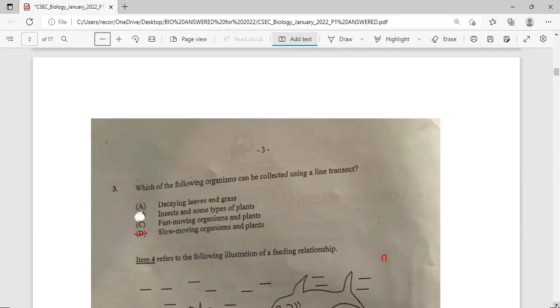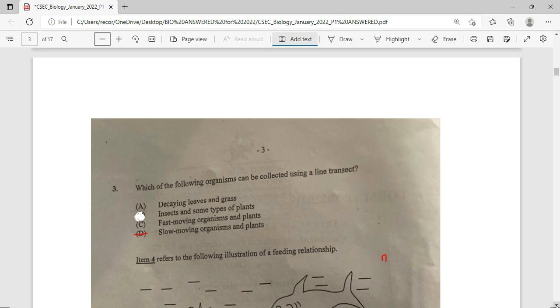For question number 3, which of the following organisms can be collected using a line transect? The answer that was supplied was B. We disagree. The answer is, of course, slow-moving organisms and plants. Why slow-moving organisms and plants? It's pretty much textbook.